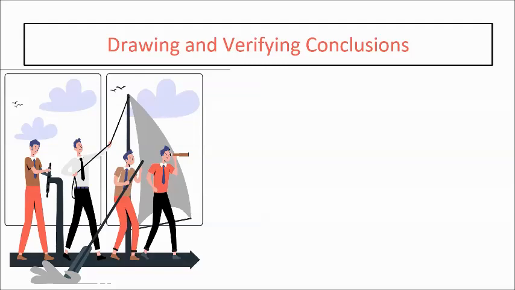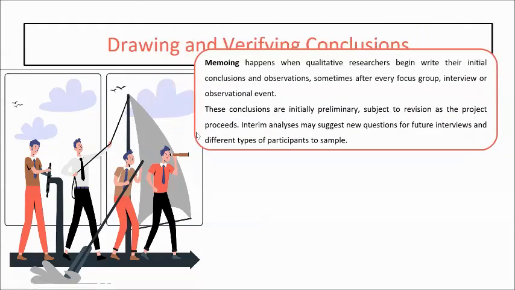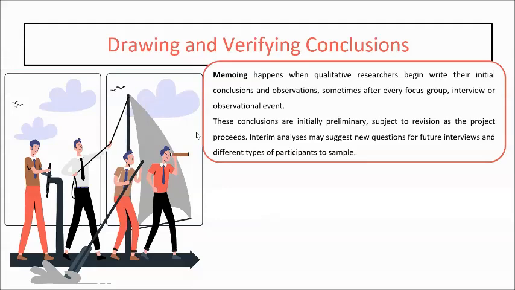So how are we going to draw and verify the conclusion? We have three ways. First is memoing. This happens when qualitative researchers begin to write their initial conclusions and observations, sometimes after every focus group interview and observational event. These conclusions are preliminary, subject to revisions as the project proceeds.